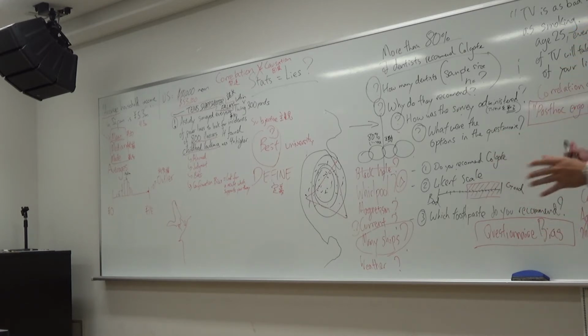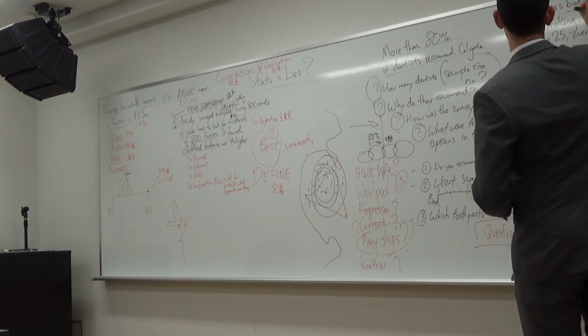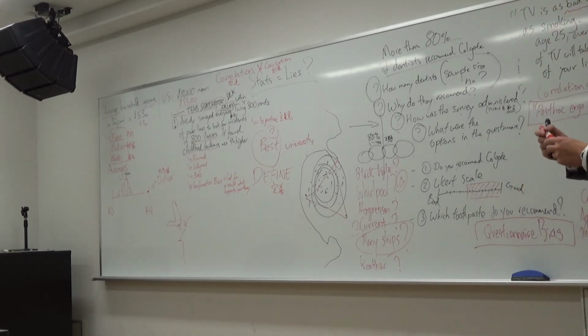And then they're saying, oh, TV is very bad for you. But what's a more reasonable explanation? Here they're saying TV is bad for you, right? They're making a statement, right? TV is bad for you. What is the more reasonable explanation?